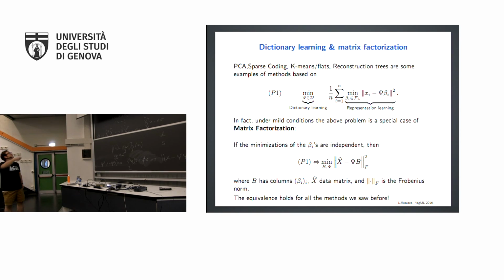And basically the point here is that if these minimizations are really independent one from the other, you can take it outside, right? So every dictionary learning method can be seen as a minimization over the psi and the beta simultaneously. And then I can write it like this if the minimization problems are independent one from the other.